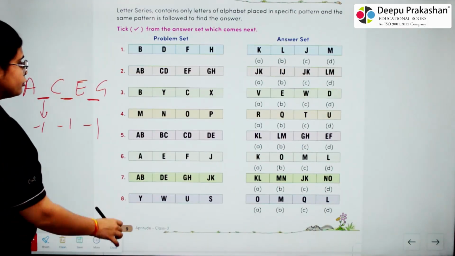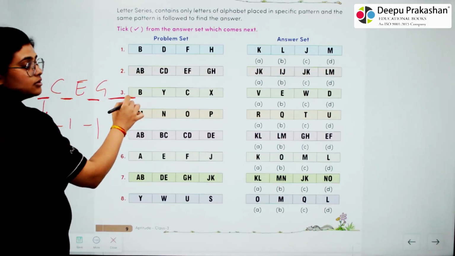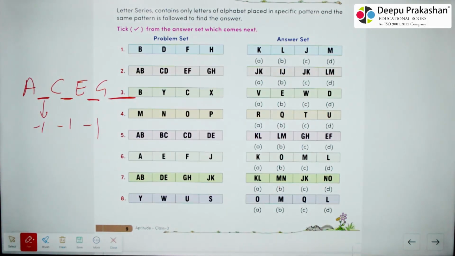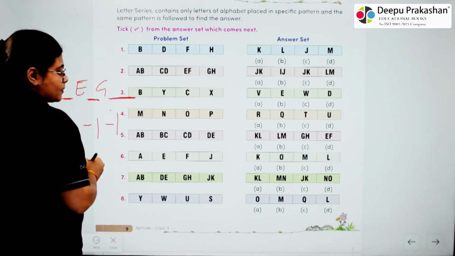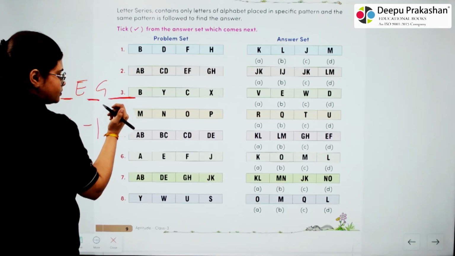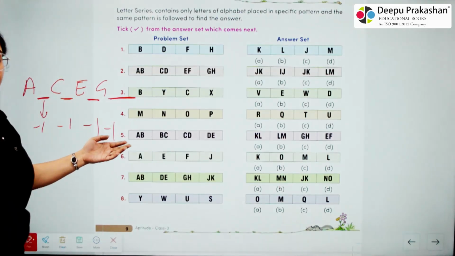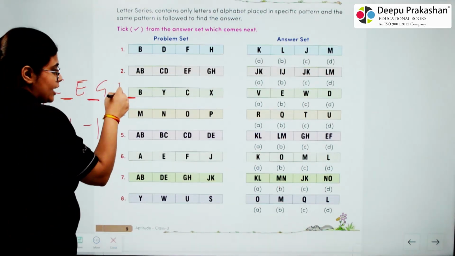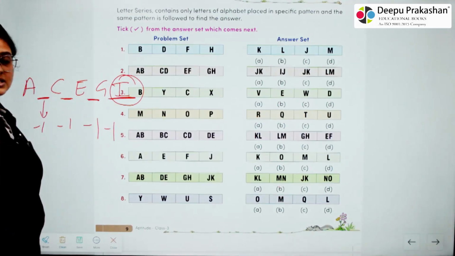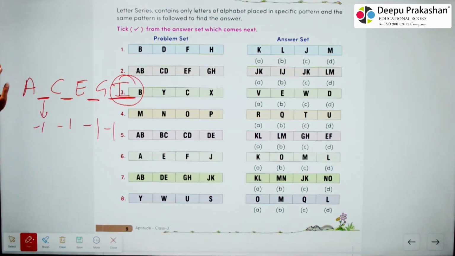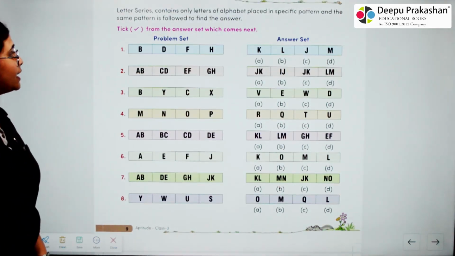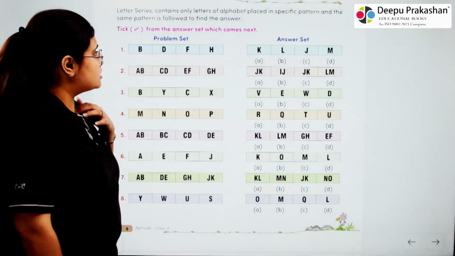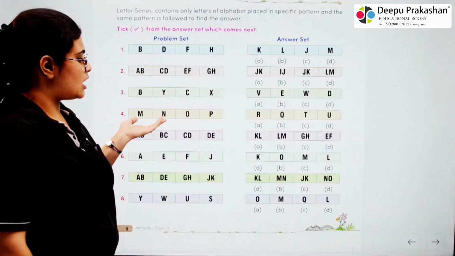So if we have to find the next letter after G that is present in the series, we can simply skip one letter, that is H, and I will be the next letter of the series. Okay, so let's solve. Take from the answer set which comes next.